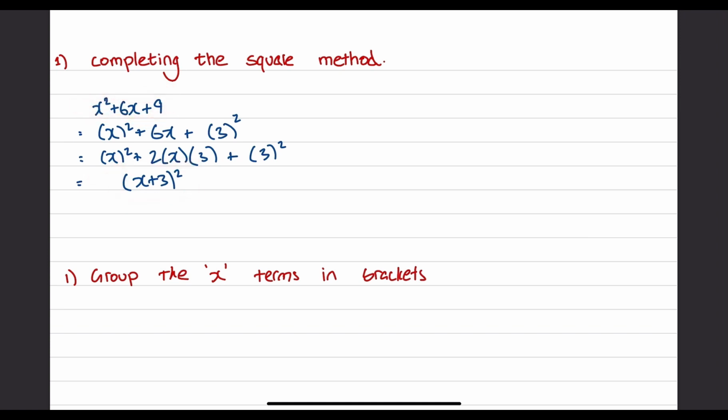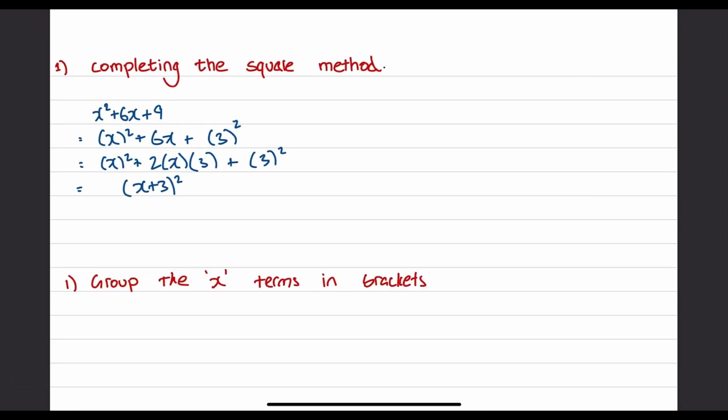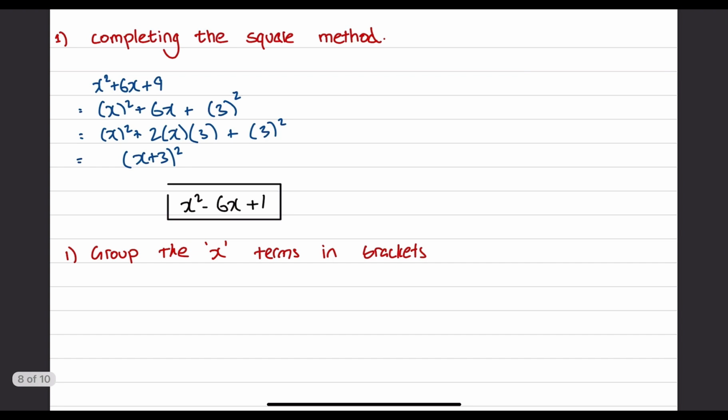However, there are always quadratics which are not perfect squares. For example, let's take x squared minus 6x plus 1. Now if I want to convert this into this form, I will need to make a few adjustments, and it will never be in this form exactly.